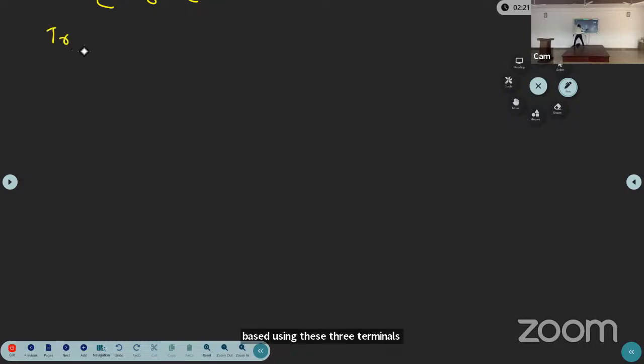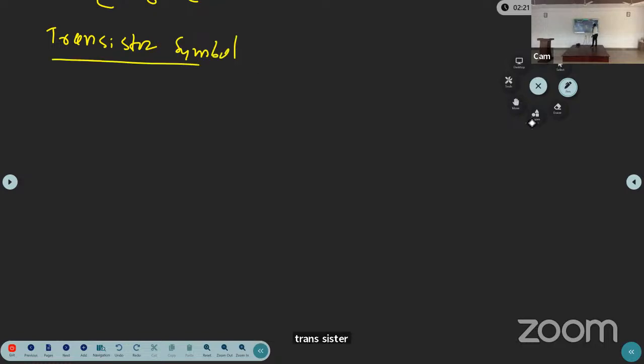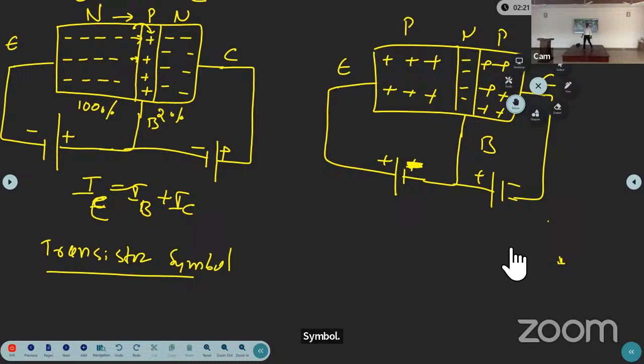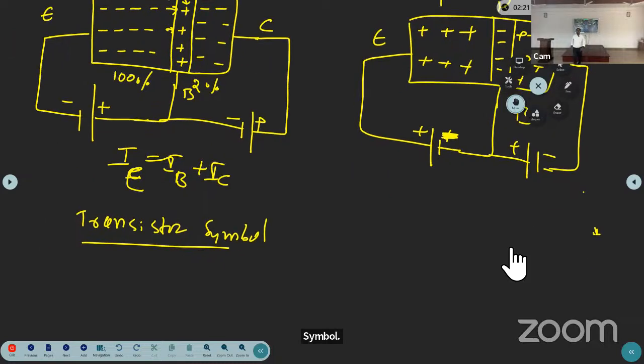Okay, first we'll go for the transistor symbol. Now apply the bias voltage, that is the battery.